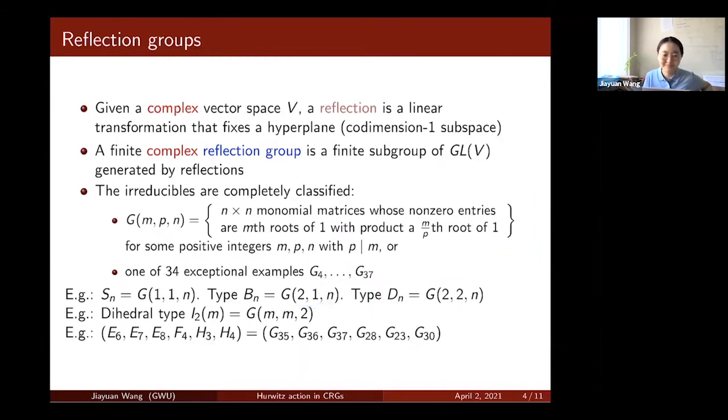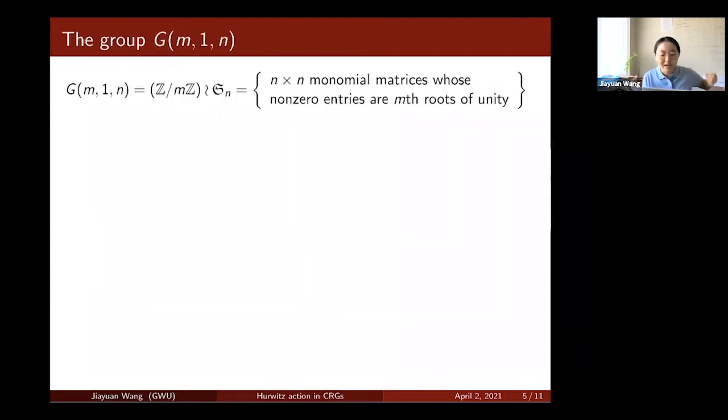Thank you. Let me talk about a special group in this infinite family, when p equals 1. In G(m,1,n), this is the wreath product of the cyclic group Z mod mZ with the symmetric group. We can count how many elements there are in this particular group. Take a permutation matrix. We have n non-zero entries, and each non-zero entry is a 1.